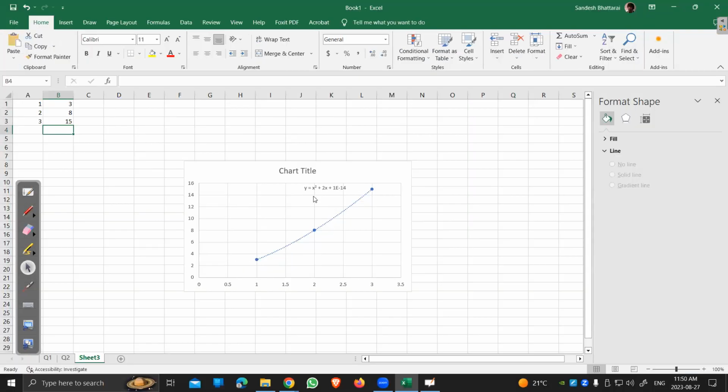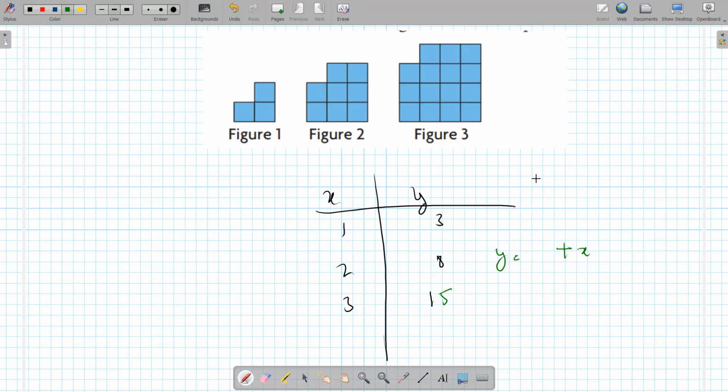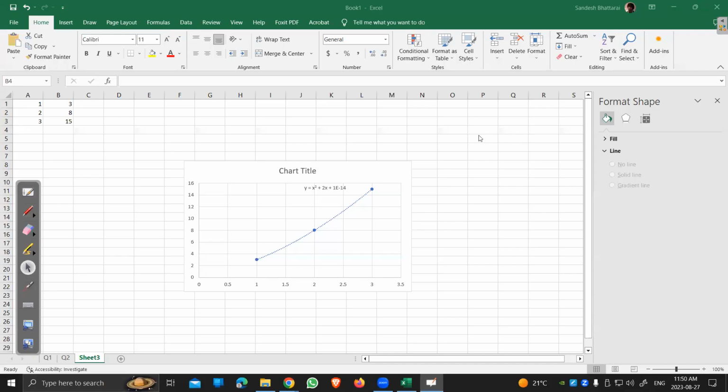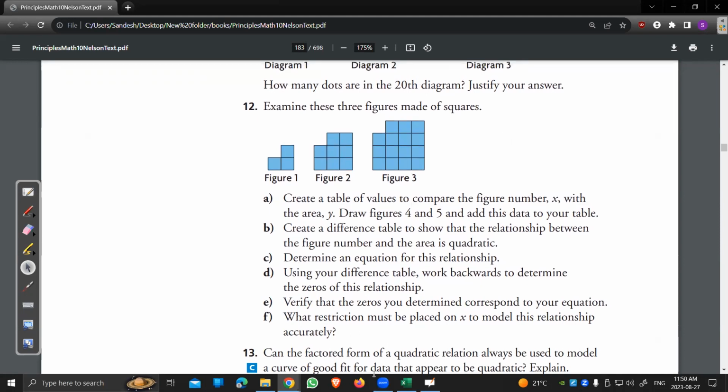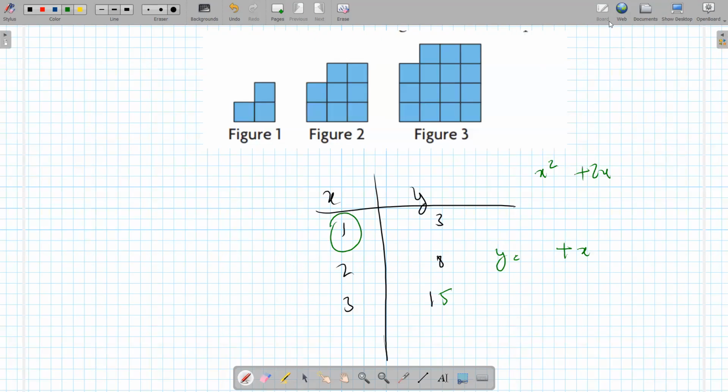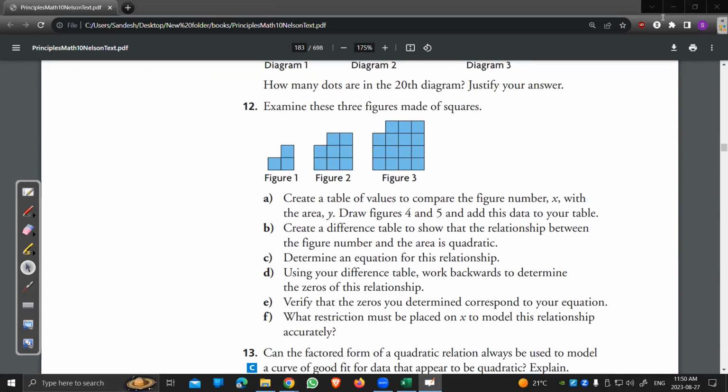The pattern is x squared plus 2x. Does that make sense? X squared plus 2x. You take this number, you square it, and then you add 2 times that number. 2 squared plus, yeah, it works. 3 squared plus 6. Yeah. So what's the question actually asking us? Determine an equation for this relationship. Done.